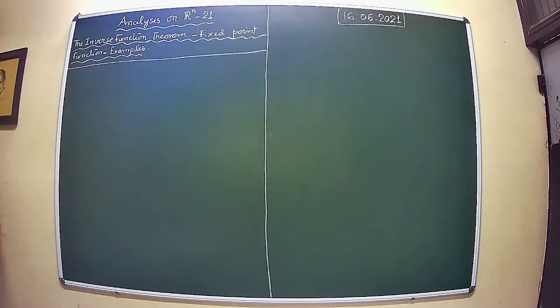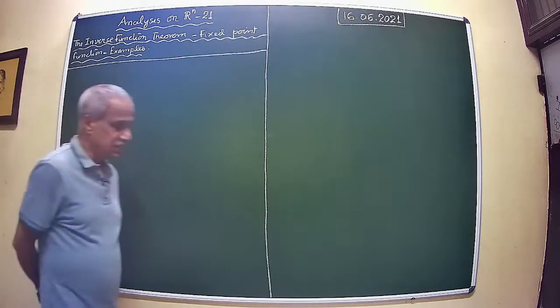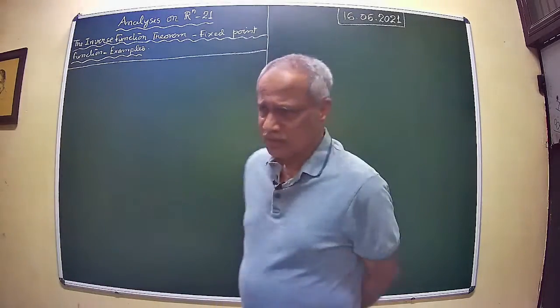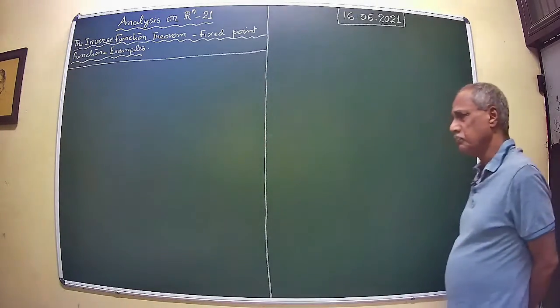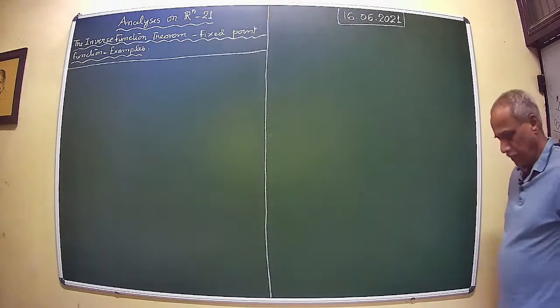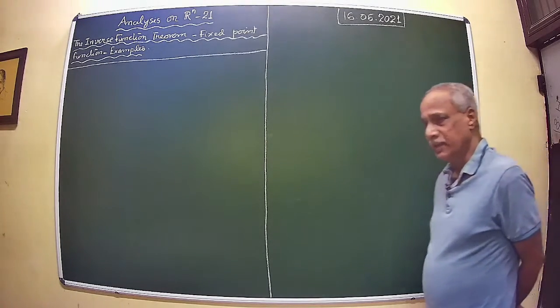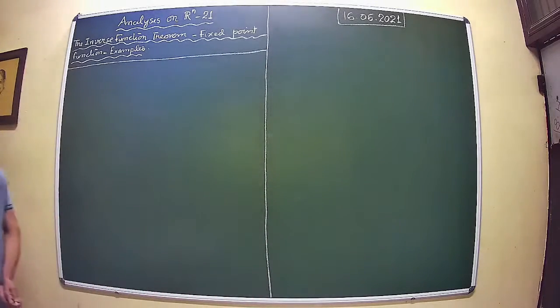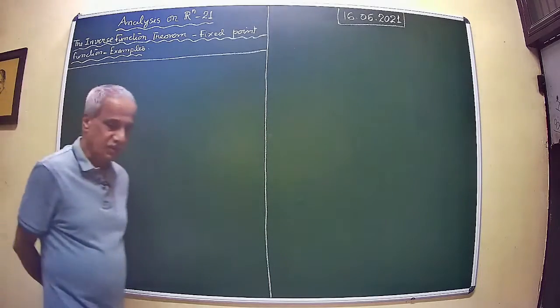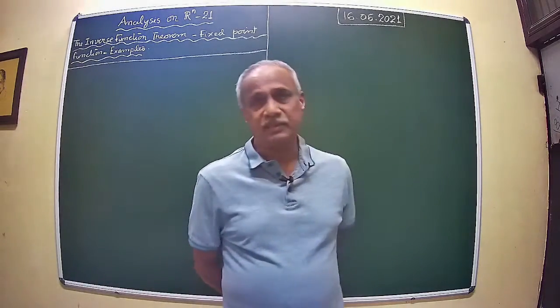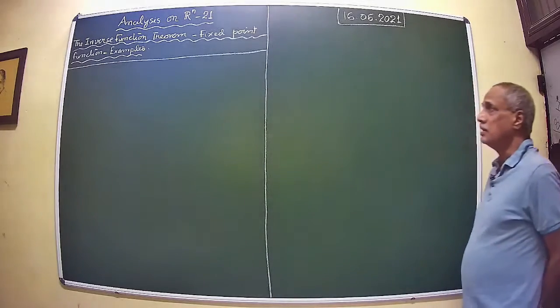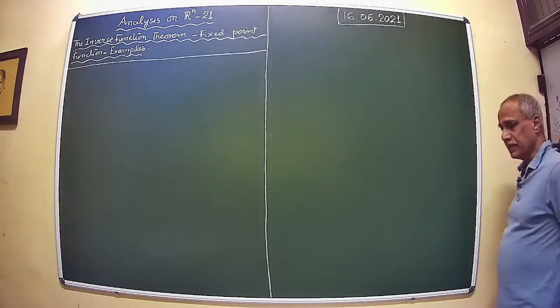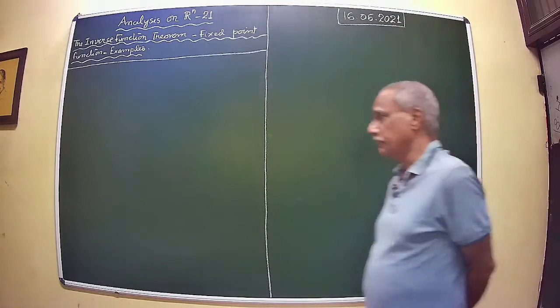So the objective of this talk is to analyze this function, if possible geometrically, get a feel for the function, and then also look at some examples which highlight certain aspects of the inverse function theorem or the conditions that are used in the inverse function theorem.